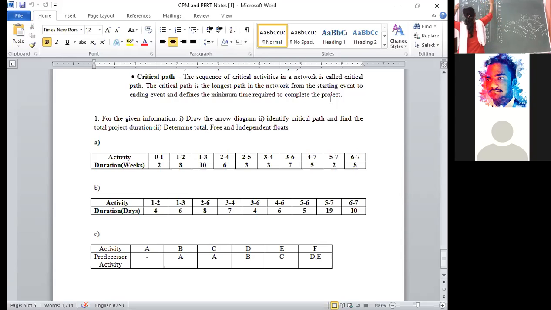Write it down so there will be no confusion. Earliest finish time is equal to earliest start time plus TIJ. The formula is LI is equal to LJ minus TIJ.